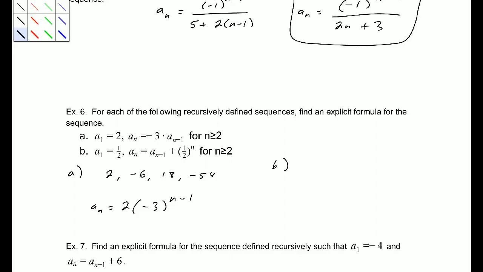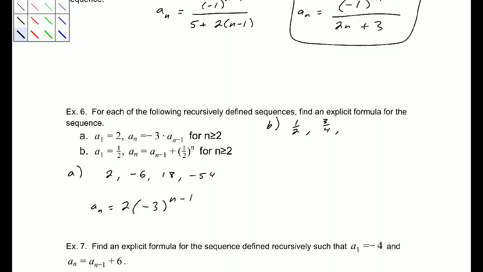Okay, B, we have 1/2. This one's a little more complicated. Let me give it a little more space. Our first term is 1/2. Our second term is 1/2 plus 1/2 squared. We're adding 1/2 to that power next, and that is 3/4.